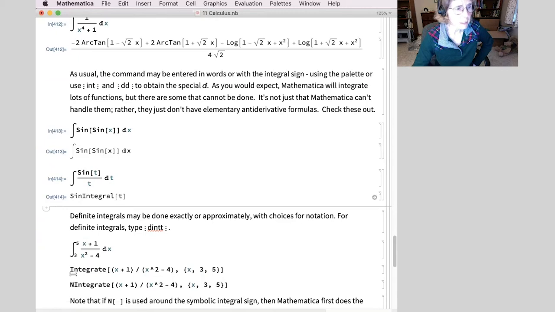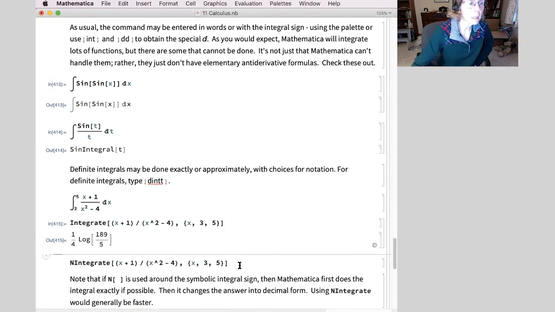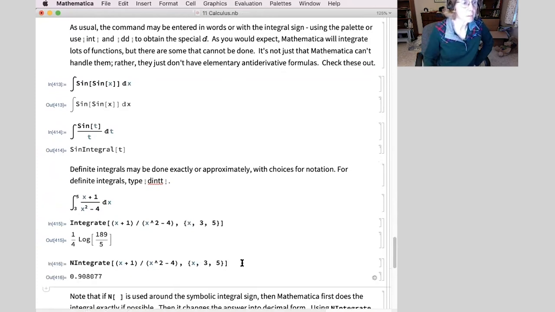On the other hand, I can do an Integrate here, and x goes from 3 to 5. That's my basic syntax for domain. Or I can do NIntegrate, same function, same region.